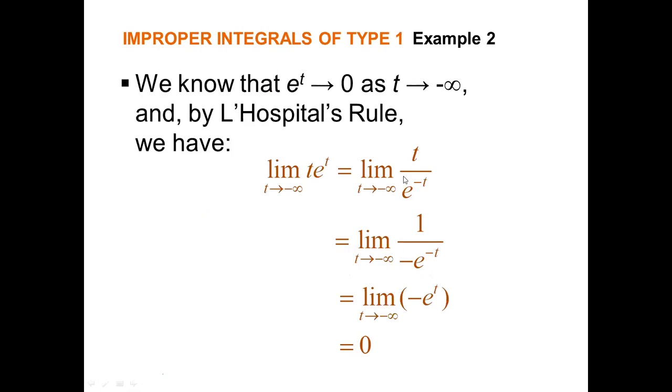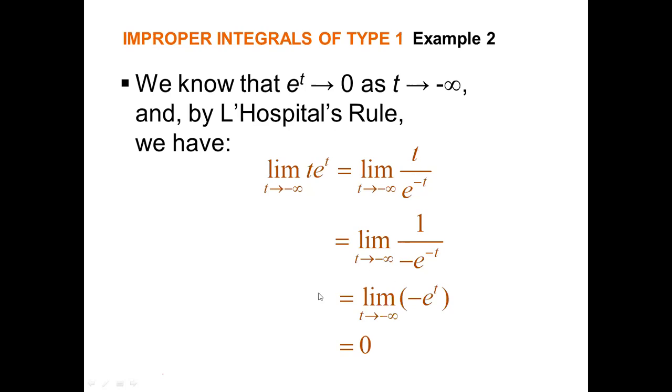would be, it's written like this, class, t over e raised to negative t. This one that is having a positive exponent is written as a denominator. Now, it would be 1 over negative e raised to negative t. Should it be as t approaches negative infinity?